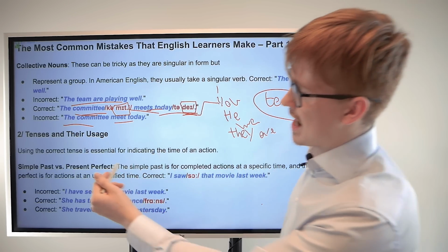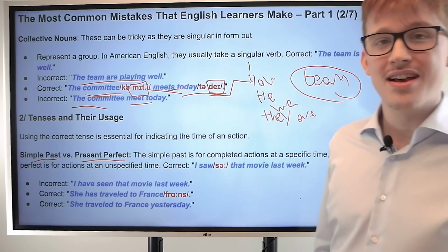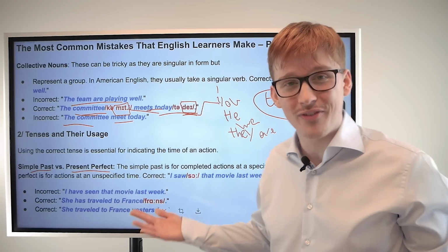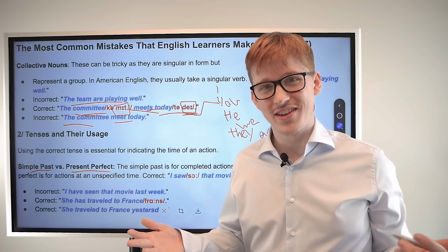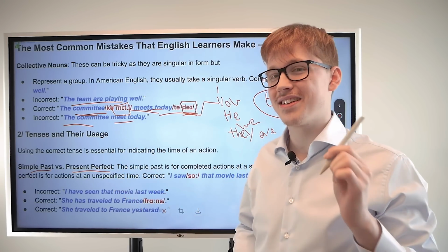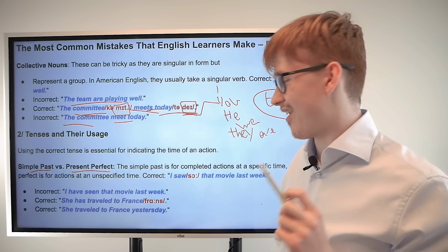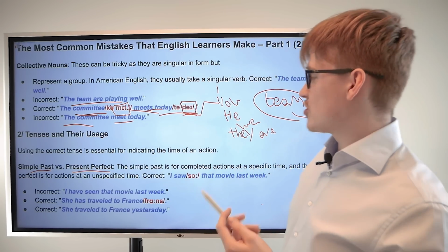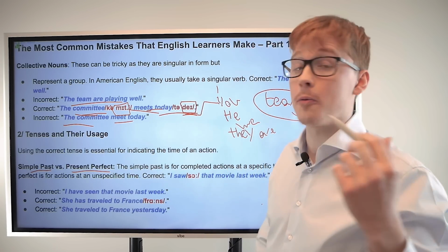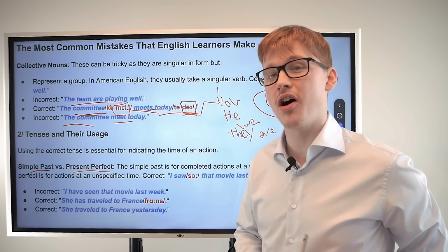So here we're looking at the simple past versus the present perfect. These are 2 that are quite often mixed up with each other because they have quite similar usage, but are used a little bit differently, and we're going to have a look at what the differences are right now. So the simple past is used for a completed action that has a time in the past.